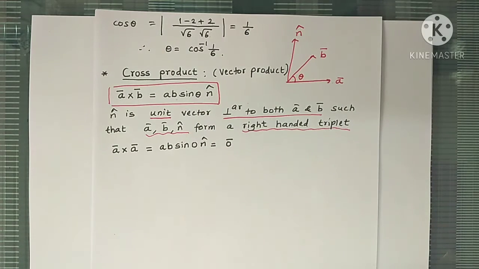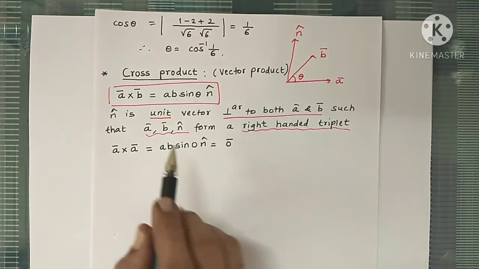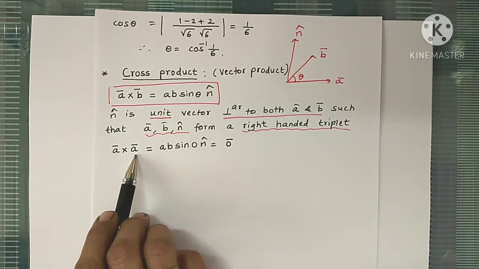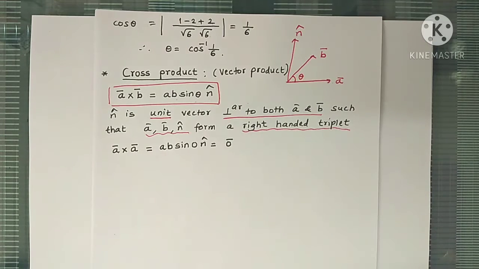In case of dot product we have AB cos theta, so all the numbers are real numbers and their product is a real number. It is a scalar. That's why dot product is known as scalar product, while cross product is known as vector product by the property, as it is a vector. So A bar cross A bar is 0 bar.